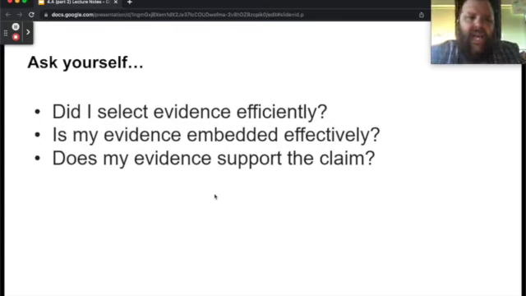And go back. Is my evidence embedded effectively? Again, did I introduce it in my own wording? Have I changed up structure, right? All of those kinds of things. And does my evidence actually support the claim? Like, if it doesn't, if your evidence actually shows that Rosa Parks was, well, this doesn't exist in the text, but if you're making the argument that Rosa Parks was weak in the face of adversity, well, that is not supported by the text, right?